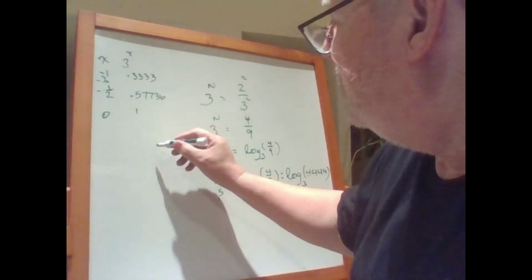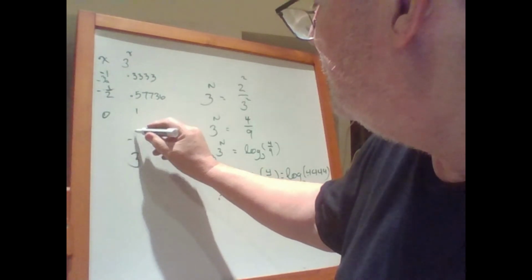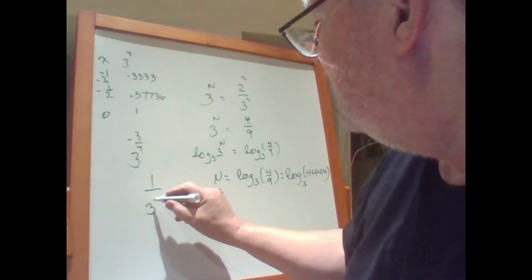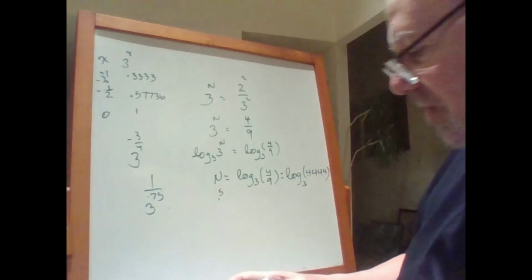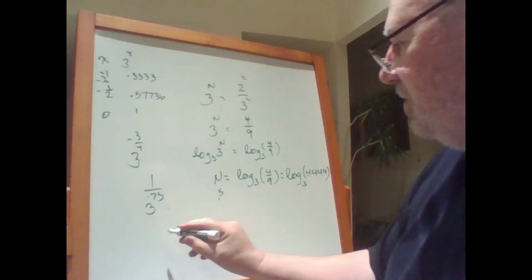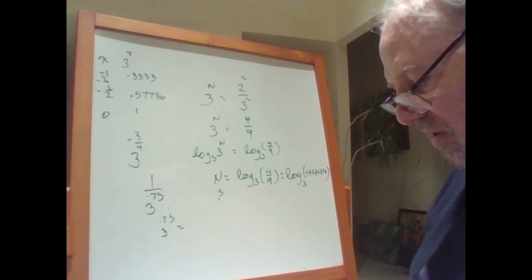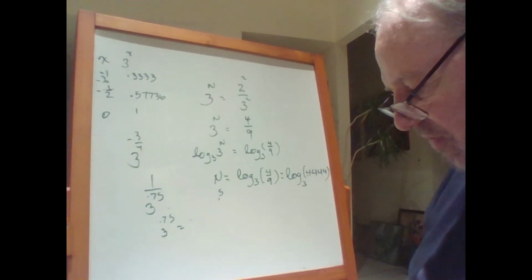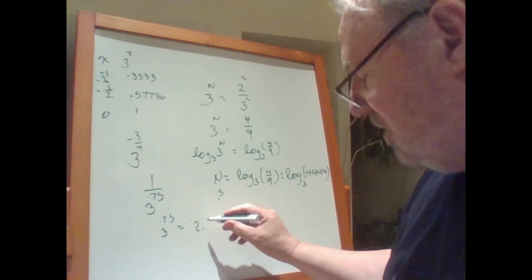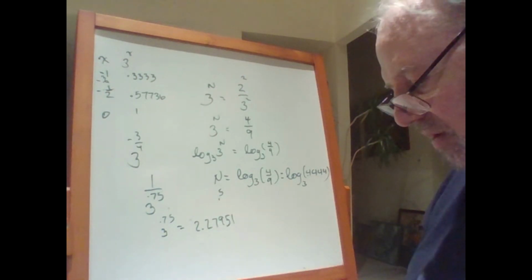So that's 3 to the -3/4, which is 1/3 to the 0.75. 3 raised to the 0.75 is 2.27951.